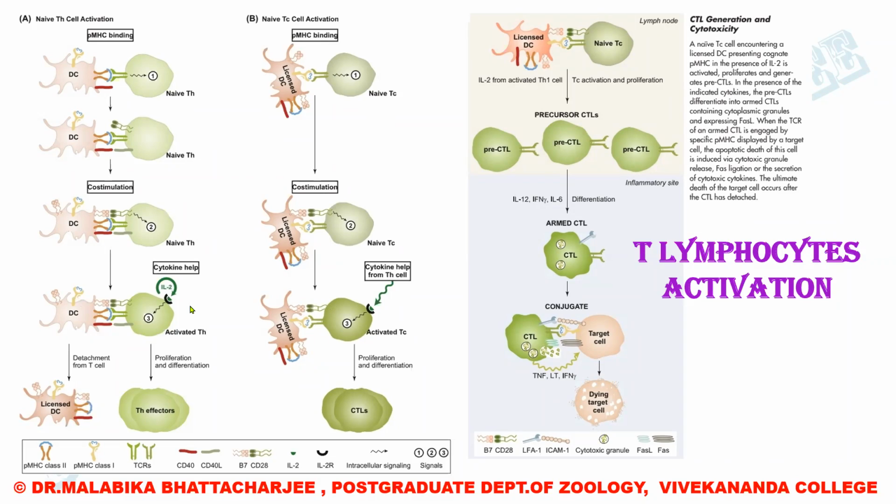Now coming to the naive T cytotoxic cell activation. For a naive cytotoxic T cell, signal 1 is when its TCR binds with the pMHC1 complex. So this is signal 1, that's common. And if you look here, we have a signal 2, which is also seen for the naive T cytotoxic cells via B7-CD28.